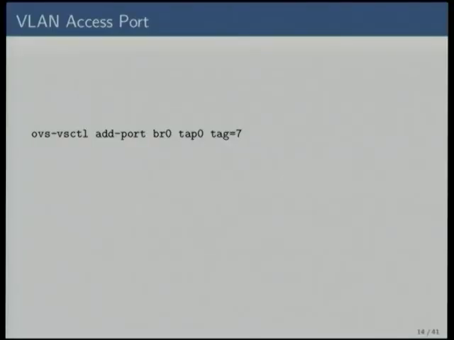So how does this relate to Open vSwitches? What we can do is, by providing a tag, the tag is the VLAN ID, when we add a port to a bridge, we turn this into an access port. So imagine a bridge where there's 2 ports.